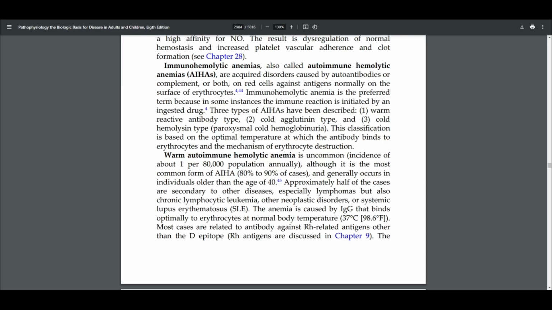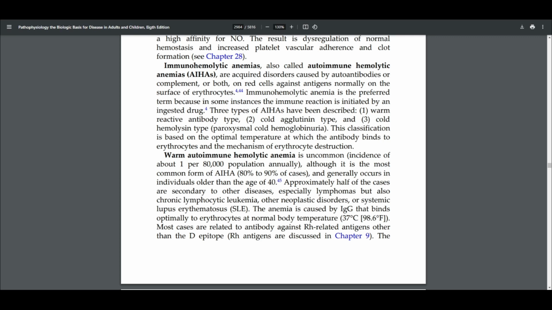Three types of AIHAs have been described: warm reactive antibody type, cold agglutinin type, and cold hemolysin type. This classification is based on the optimal temperature at which the antibody binds to erythrocytes and the mechanism of erythrocyte destruction.